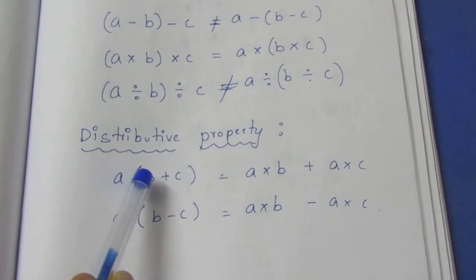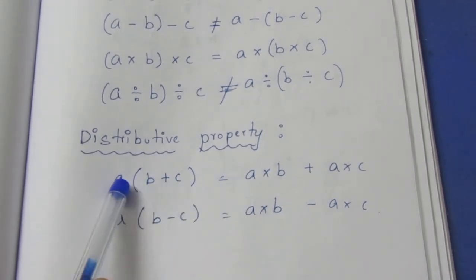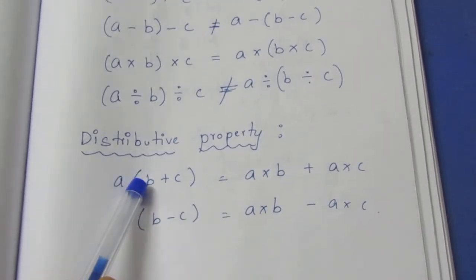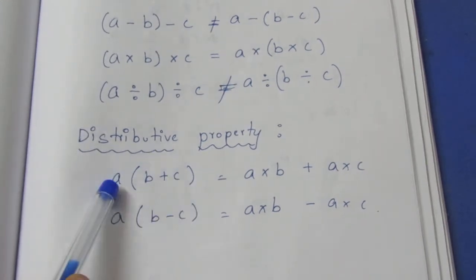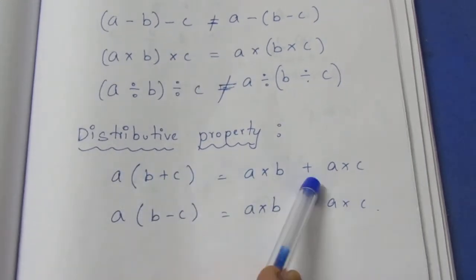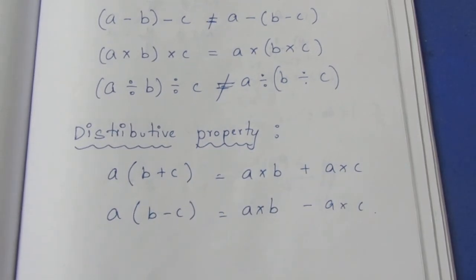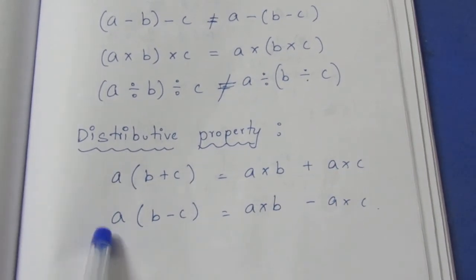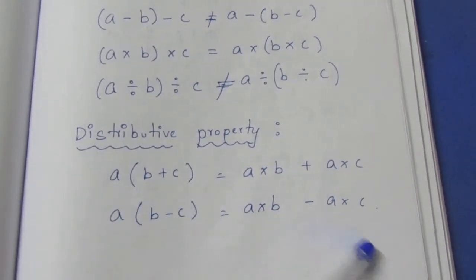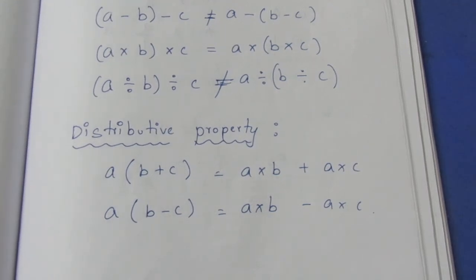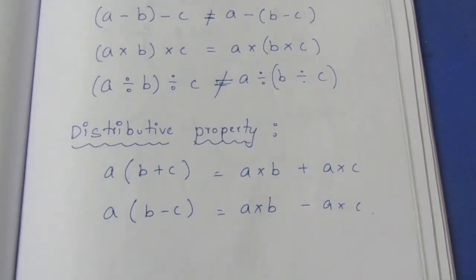So a × (b + c) is nothing but distributing this a to b as well as to c. So a × b, the sign will come in the common, plus a × c. The same way, a × (b - c) is a × b - a × c. So this is the distributive property.